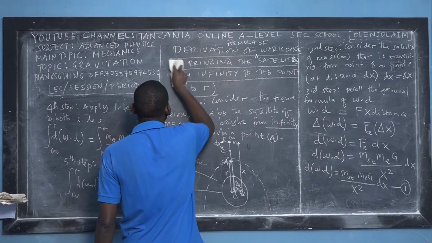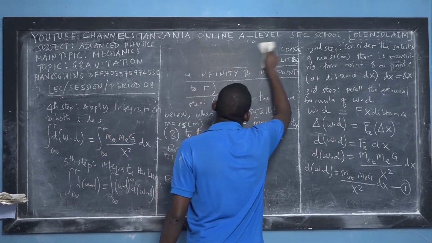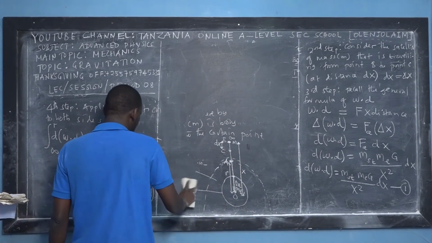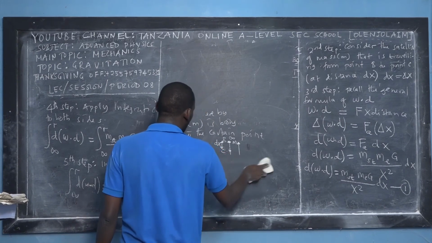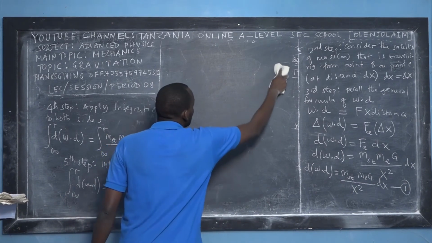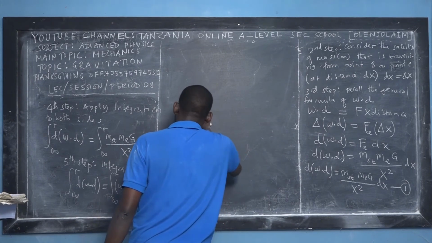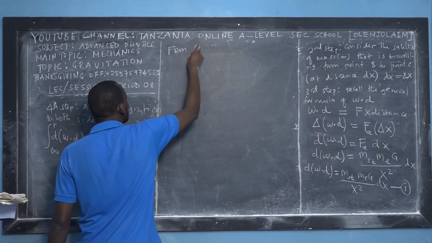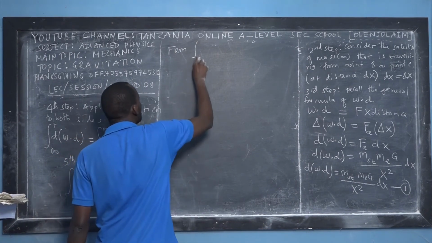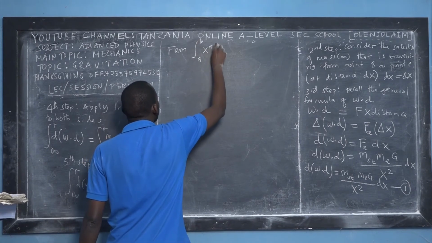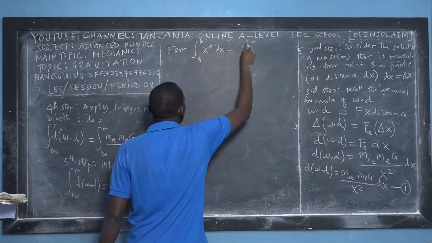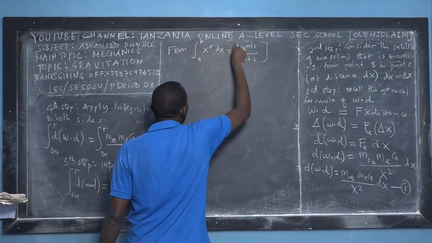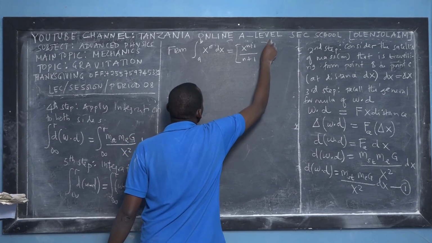So if that's the case, we have work done power 0, times our variable of differentiation. Then from the standard integral, from a to b, x power n dx is equal to x power n plus 1, divided by n plus 1, with lower limit a and upper limit b.